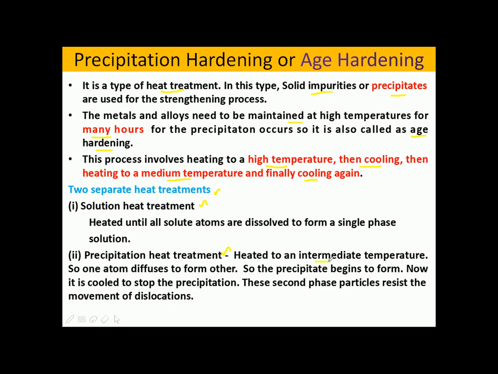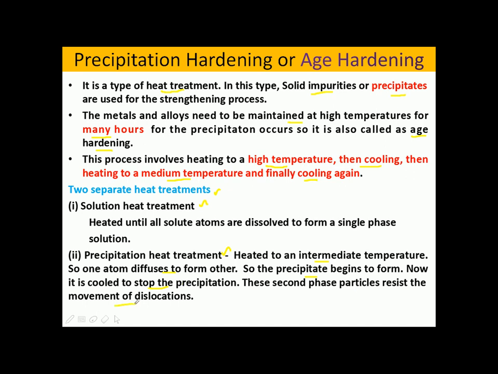In the precipitation heat treatment, first it is heated at an intermediate temperature. When heated at an intermediate temperature, one atom diffuses to form another, so the precipitate begins to form. Now it is cooled to stop the precipitation. Then the second phase particles, that is the formed precipitate particles, resist the movement of dislocations.